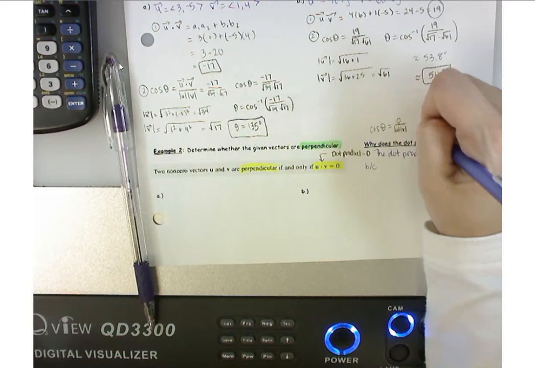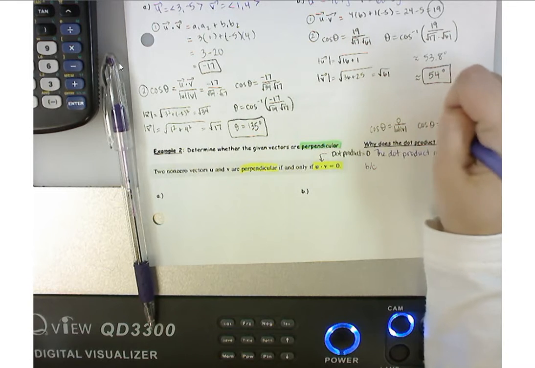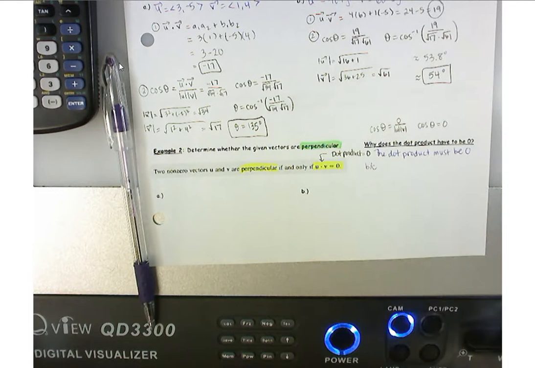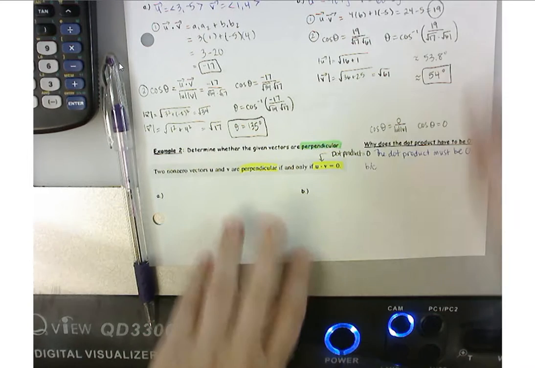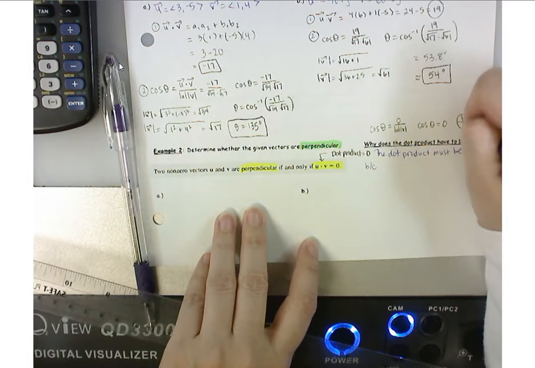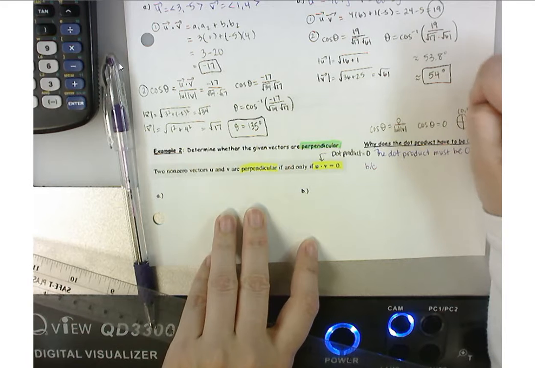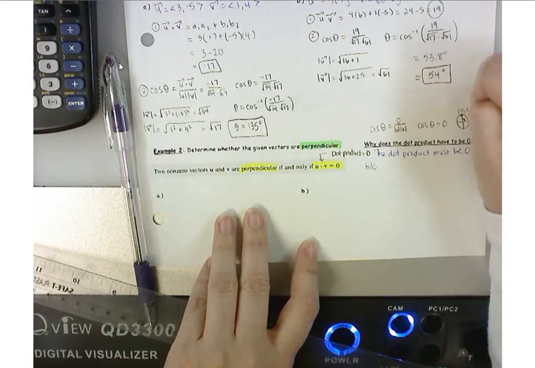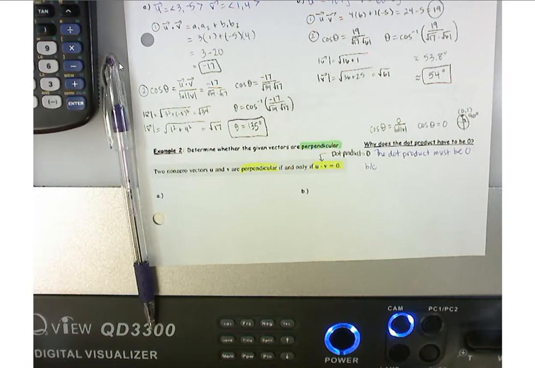So if you have the cosine of theta equals 0, think about where your cosine is going to be 0. This is (0, 1), which is going to form a 90-degree angle. And we know that if they're perpendicular, they're going to form 90-degree angles.